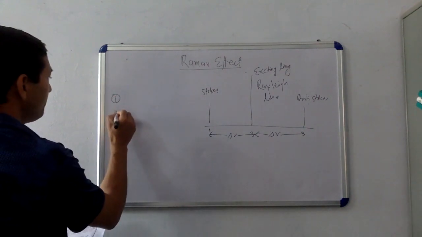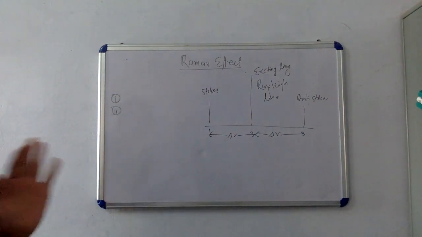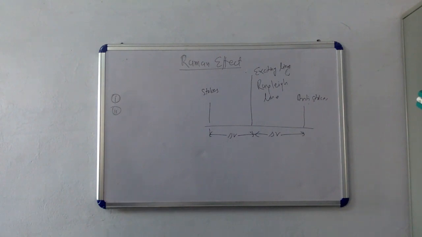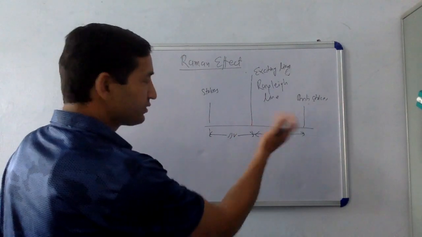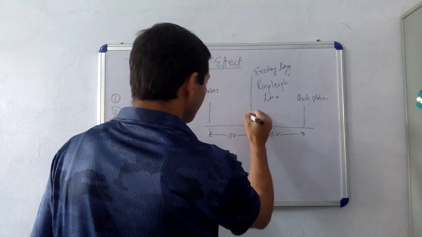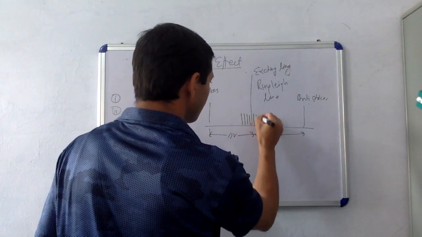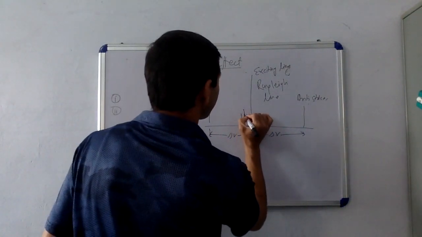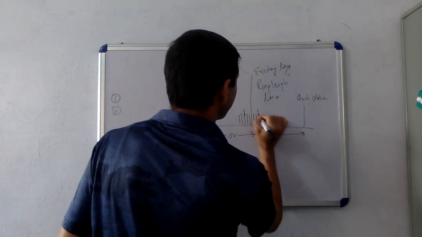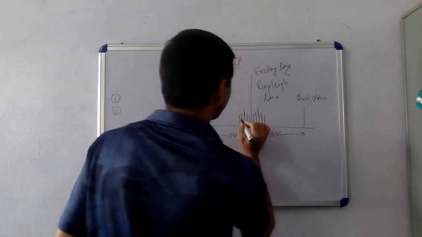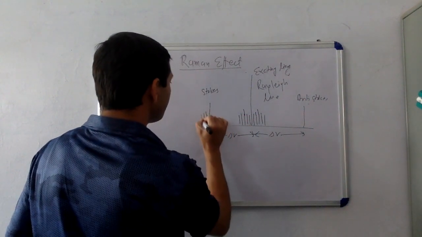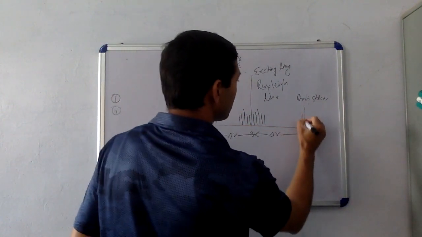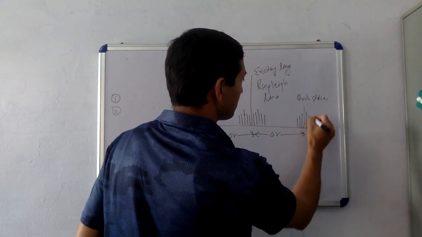Now, number 2: under high resolution, the exciting line is found to have close, approximately equidistant lines on both sides. This is the pure rotational spectrum. If I go for higher resolutions, you get lines over here, and here as well you get a band kind of structure.